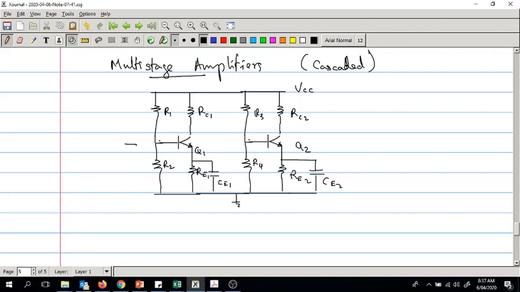Okay, so let's give the input to the base of the first amplifier. We will be having RS and VS as usual. VS is there, RS is there. Then we will take the output from the collector of the second transistor, RL.